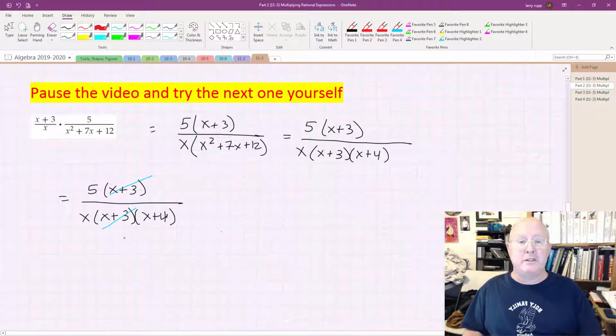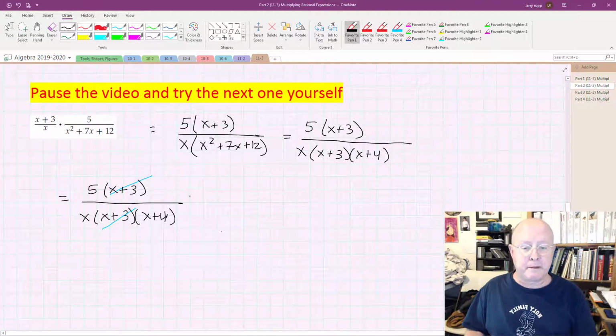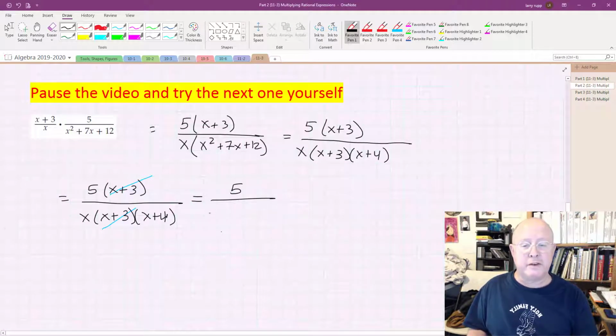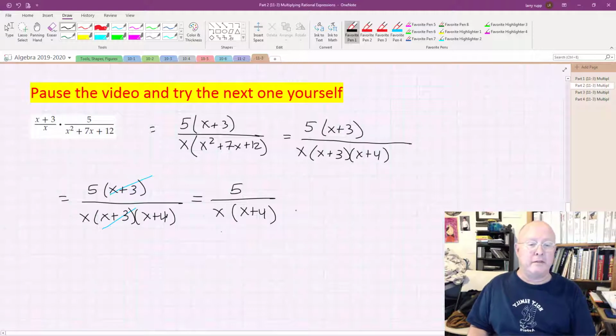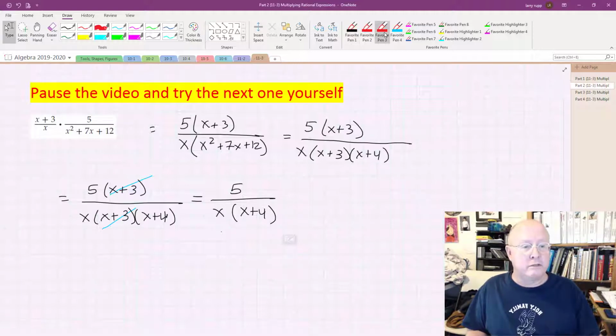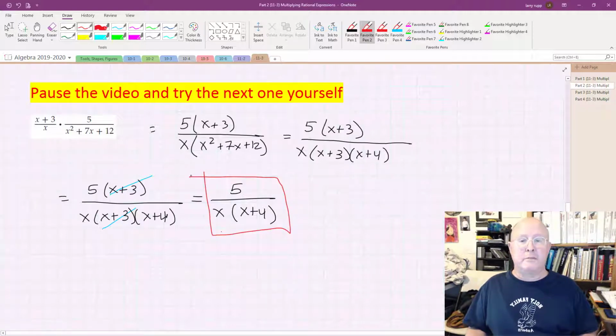The x plus 3's die a horrible, ugly death and go away. And that leaves us with a single glorious 5 on top with an x times an x plus 4. Now you can multiply that and have that as your answer. It really doesn't make a hoot difference. There you go.